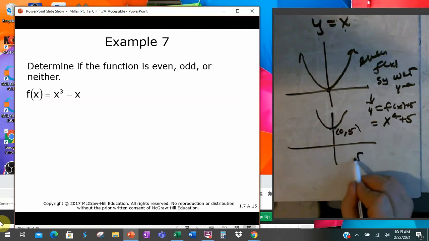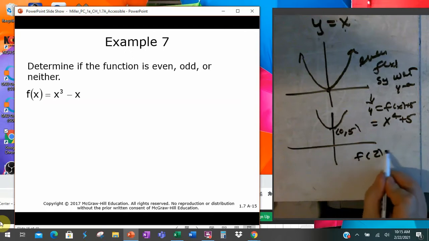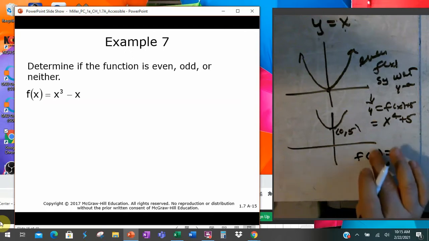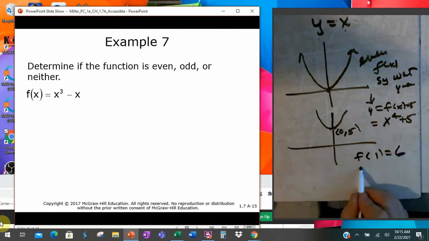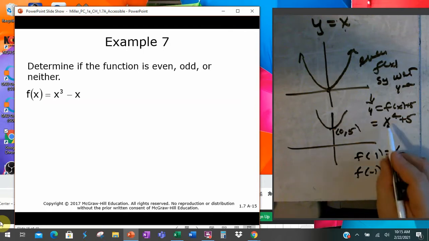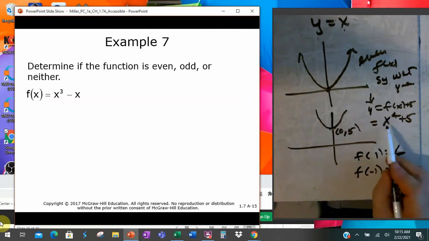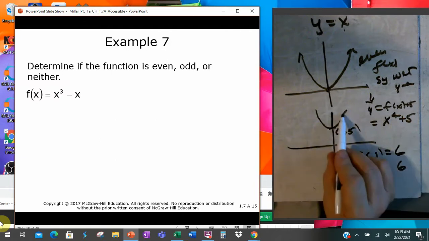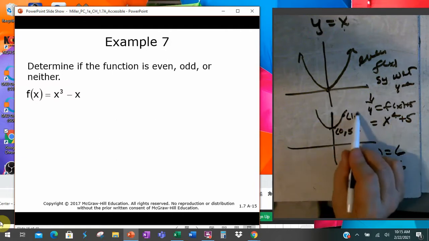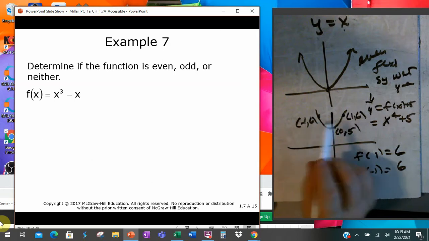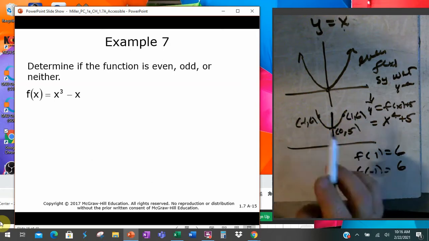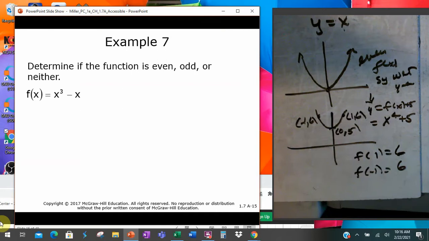If I do 1, 1 to the 4th is 1 plus 5 is 6. Negative 1 to the 4th is still 1 plus 5, that's still 6. So I've got (1, 6) and (negative 1, 6). They have the same y value. That's the even function and symmetry with respect to the y-axis.